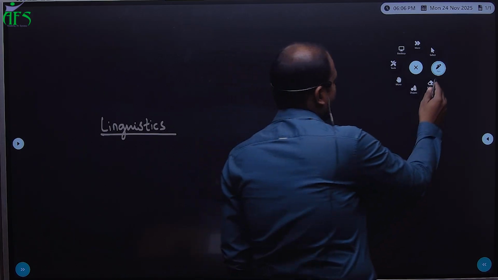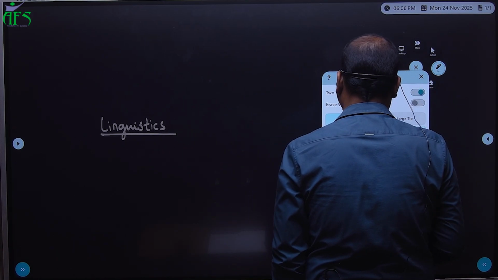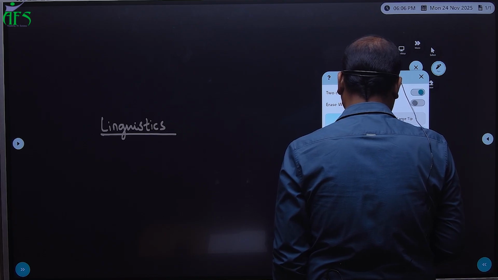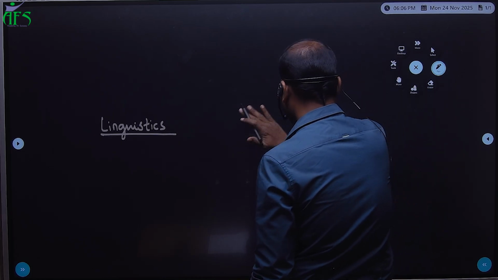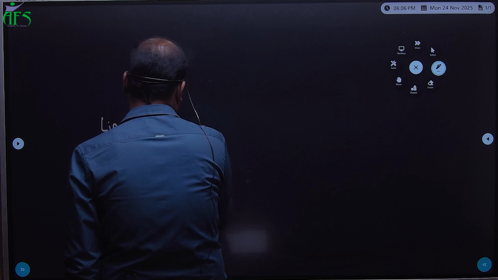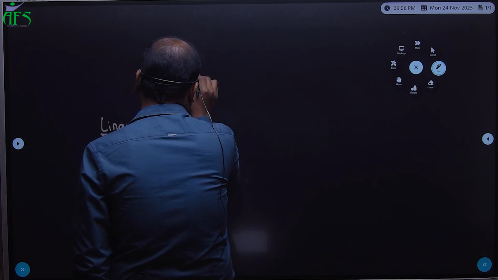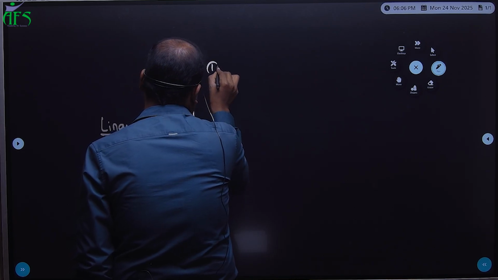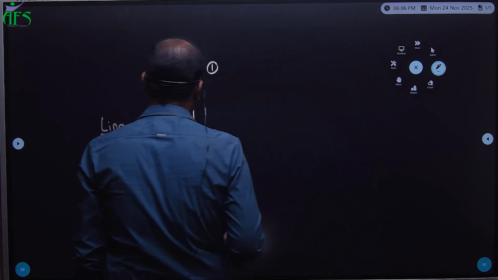Linguistics. I'll mention all the branches of linguistics one by one.